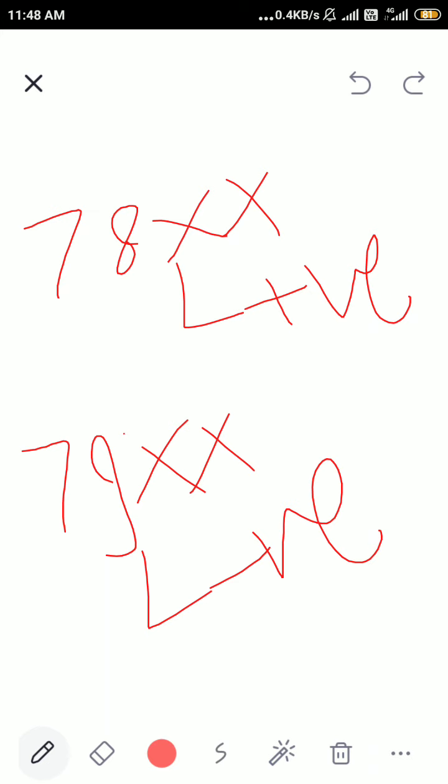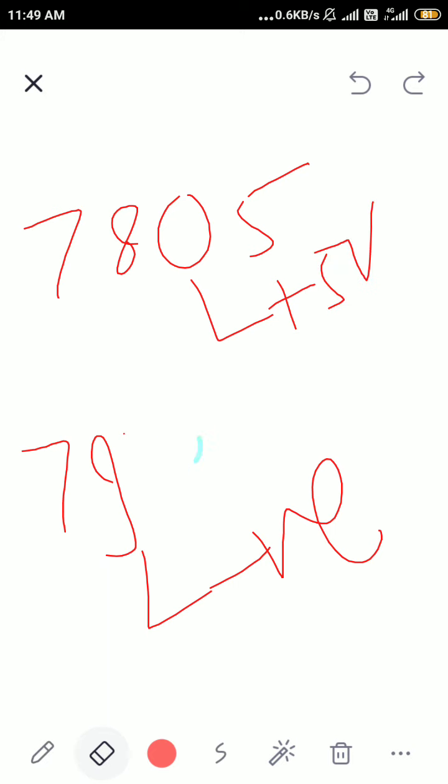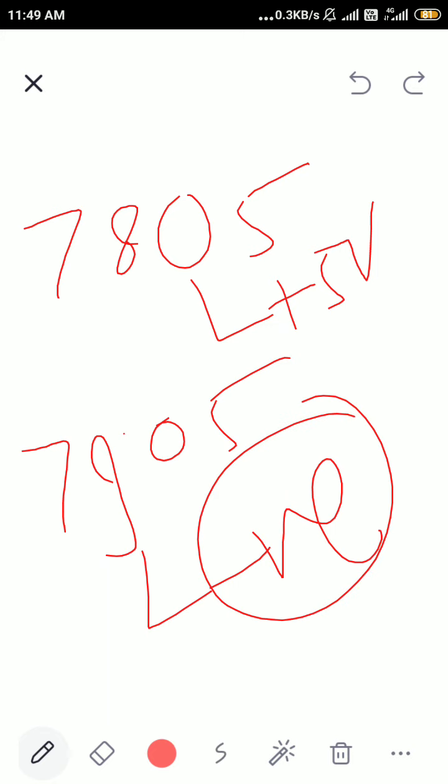If instead of XX you write 05, as in 7805, it gives plus 5 volts. If you write 7905, it gives negative voltage, minus 5 volts.